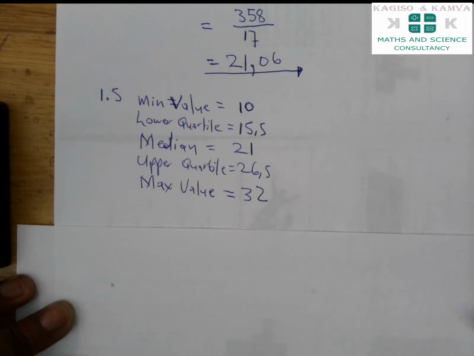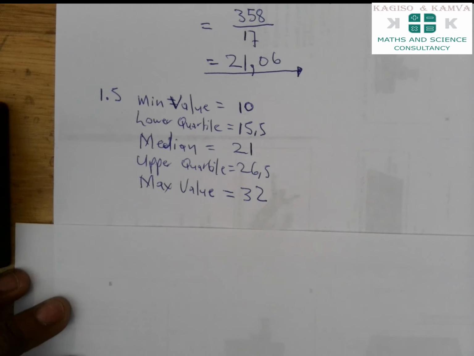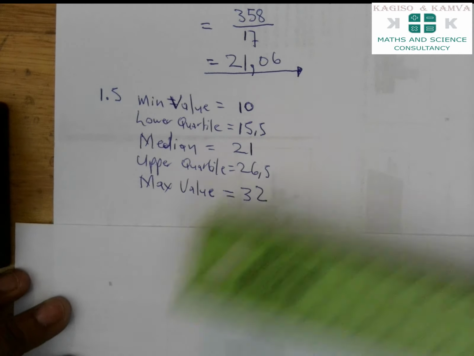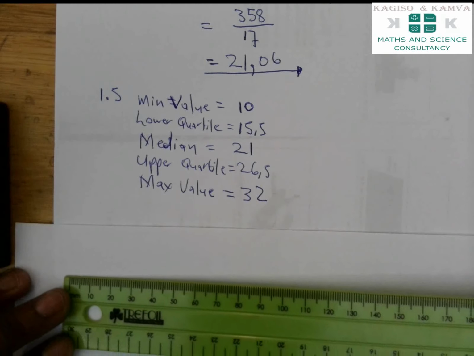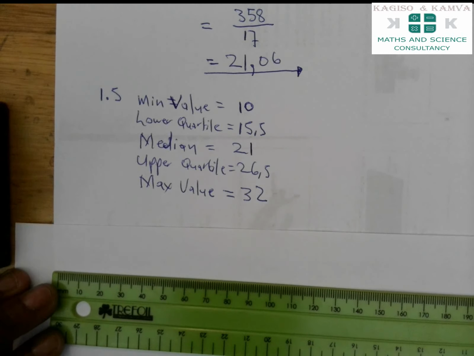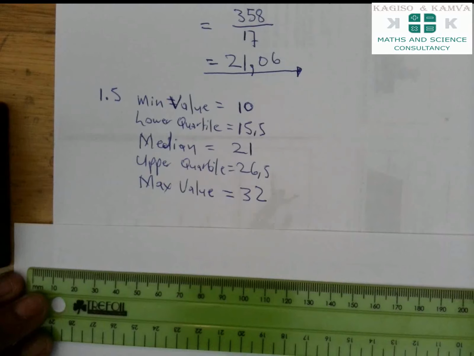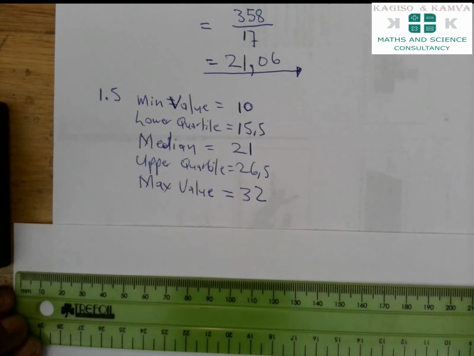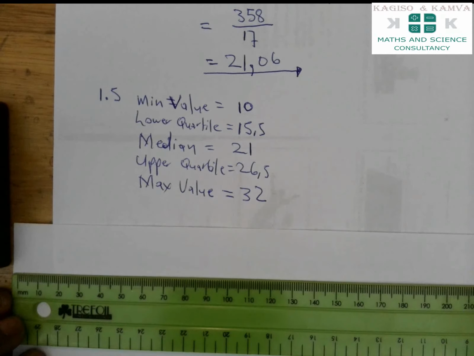Now we are going to make use of the 5 number summary to draw the box and whisker. For us to draw the box and whisker, we'll need a scale, so we're going to make use of a ruler.